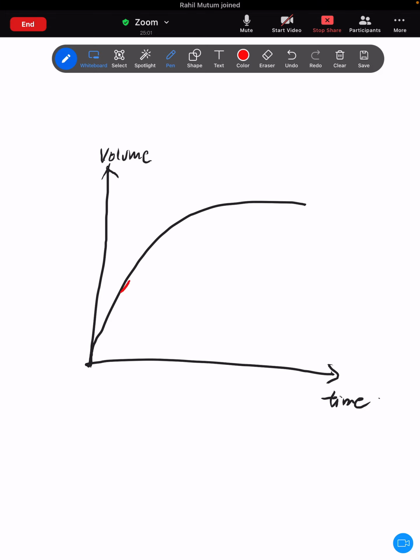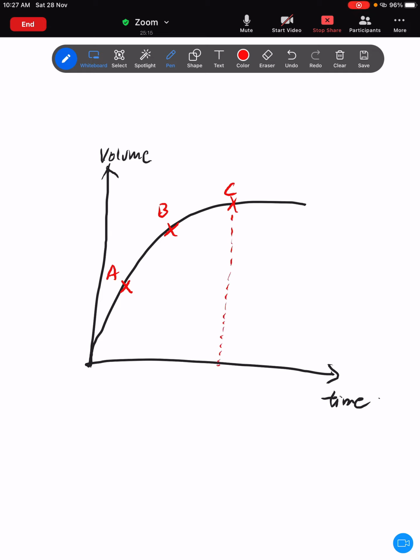It's a product, very good. Let's say I give you 3 different points: point A, B, and C. Also you notice after point C, the line becomes constant.